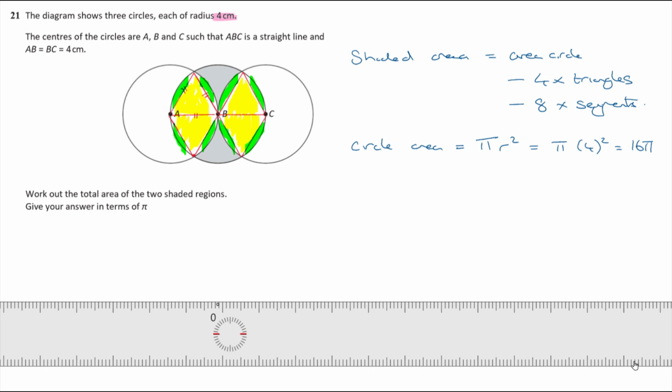Now, what about the triangle? Now, area of a triangle, that is going to be, well, it's an equilateral triangle, isn't it? Which means it has an angle there of 60. So how can we work out, and I know that the radius is 4, that's 4 and that's 4. So I've got 2 sides and the included angle.